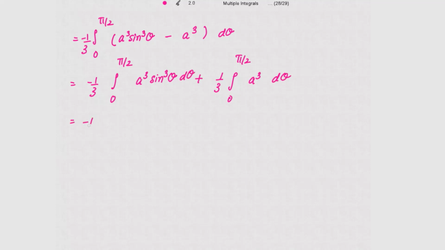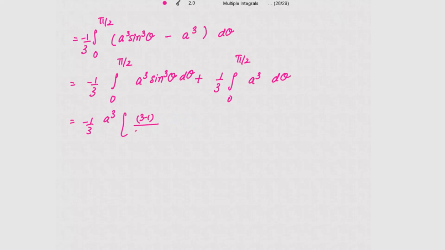Okay, what is the reduction formula for that? Taking a cube as it is, sine cube theta, the power is 3. So in the numerator, subtract the power with odd numbers: 3 minus 1, and then 3 minus 3 will give you 0, so there is no need to write this.